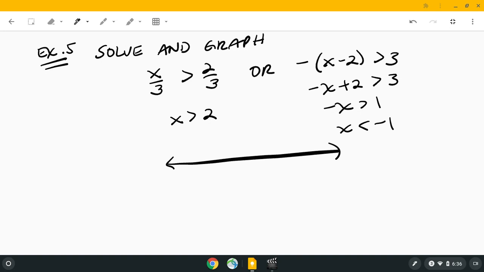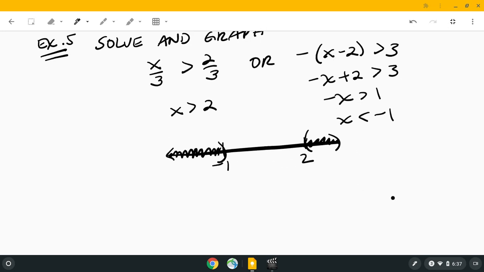So let's go ahead and graph these. -1 is on the left and +2 is on the right. x is greater than 2, strict inequality, so parentheses. x is less than -1, strict inequality, so parentheses again. And when you're doing "or," we're not looking for overlap. Whatever we get is the entire solution.